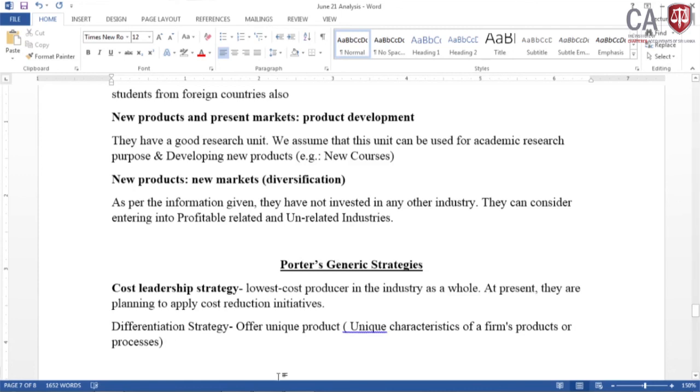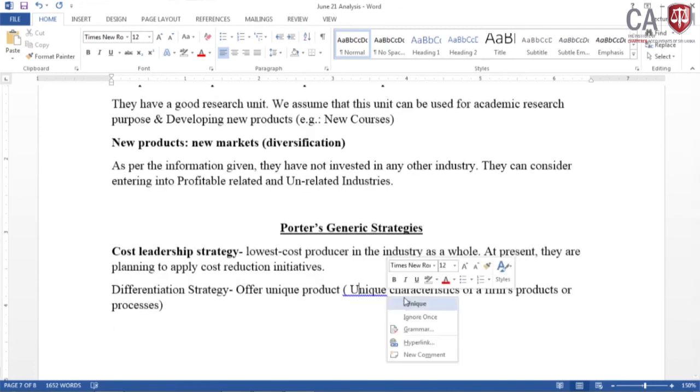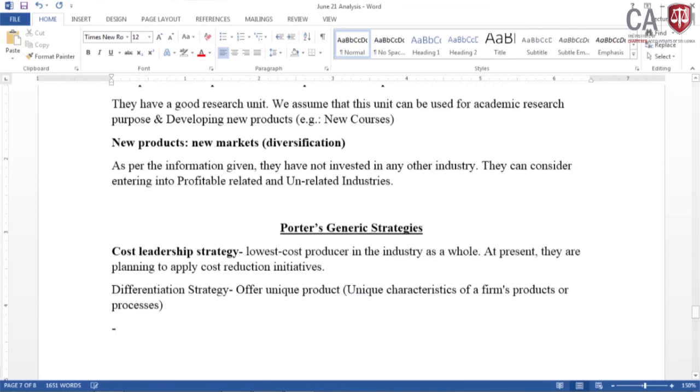So what are the areas they can look at? One area, I think, is quality management. They can come up with a good quality management program, for example ISO, they can get the relevant ISO certifications.